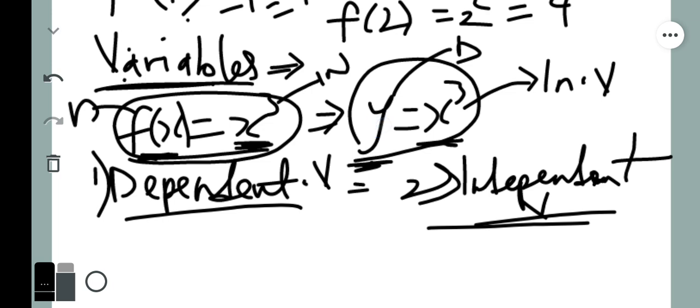Because it depends on x for its value. That's why it's a dependent variable. Y cannot take any value of its own, but x can take any value of its own.